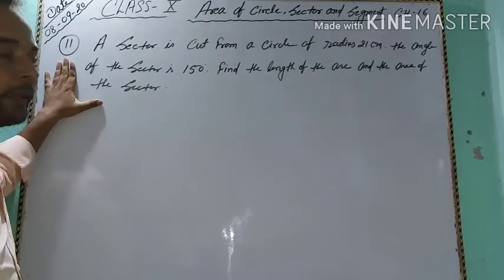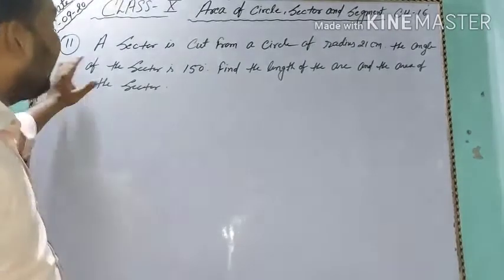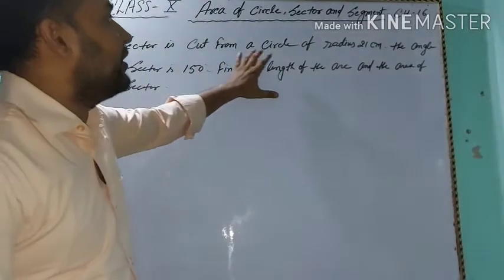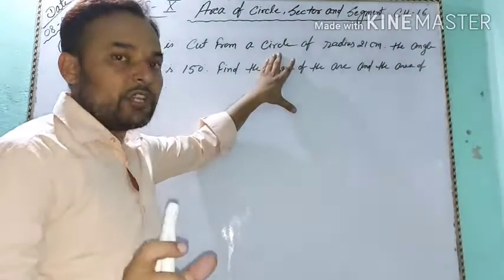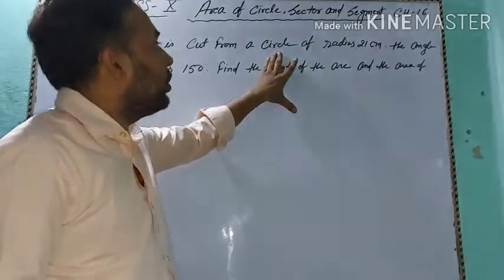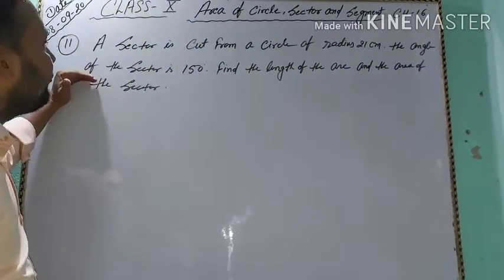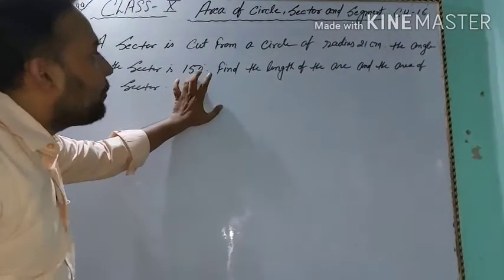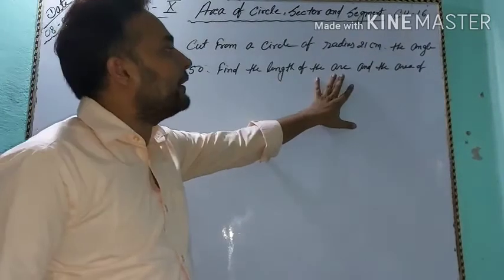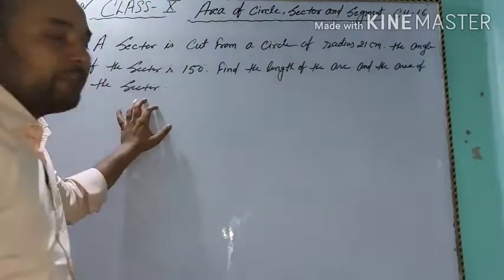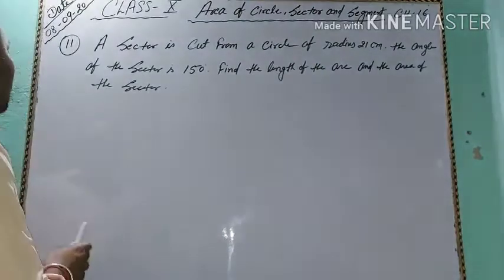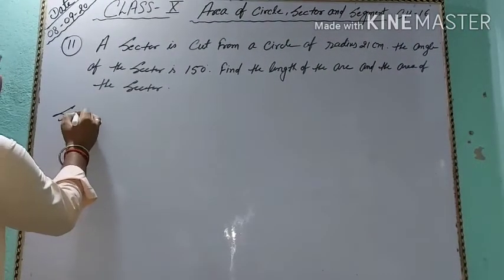Question number 11: a sector is cut from a circle of radius 21 centimeter, and the angle of the sector is 150 degree. Find the length of the arc and the area of the sector. Let's start the solution.